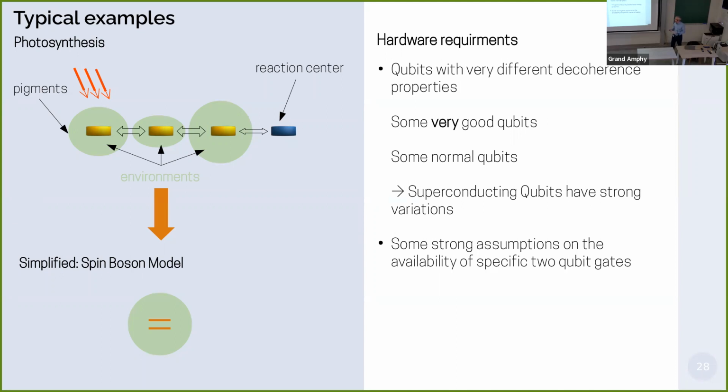That's a typical problem where you have some type of big macromolecule, and it's maybe not even that big. So let's say you have a molecule, and it has different subparts, and light can create in one of these subparts an exciton, and the exciton can jump through to some kind of reaction center.